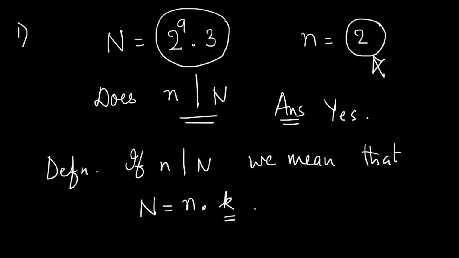We don't really care what k is, but it can be written as n times k, and this implies that n divides N. So in this problem we are claiming that small n divides capital N, and this is very believable.